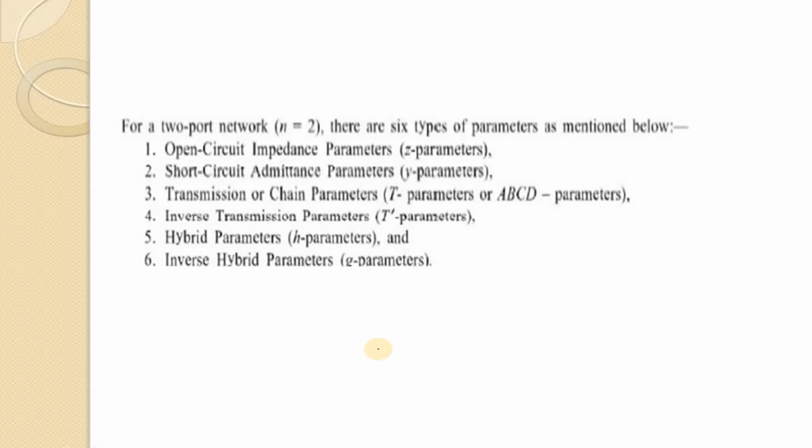Now we come to the types of two-port network. We can see that there are mainly six types. First, open circuit impedance parameters, called Z parameters.